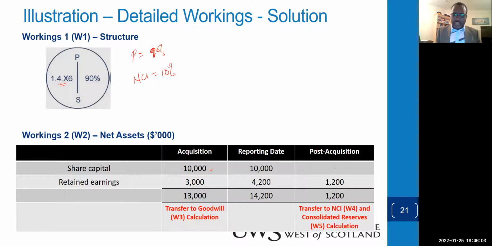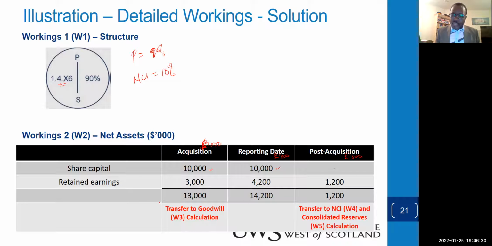All figures here are held in thousands. So it was 10 million, and at reporting date it still remains 10 million, so there is nothing in terms of post-acquisition. It should be pound, not dollar.